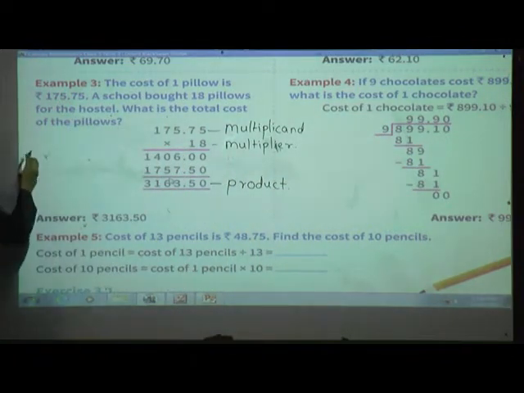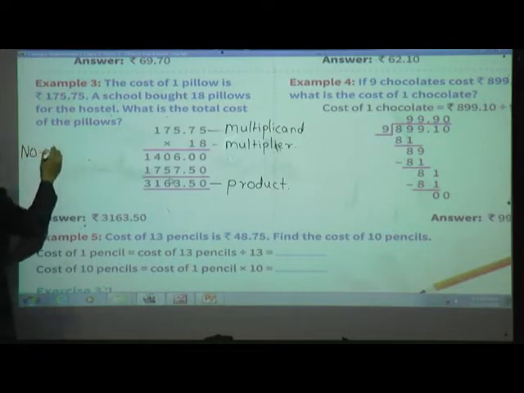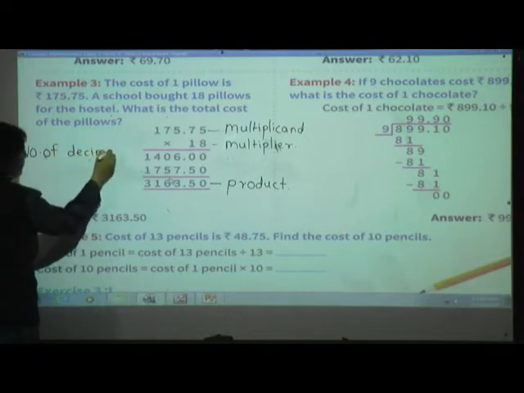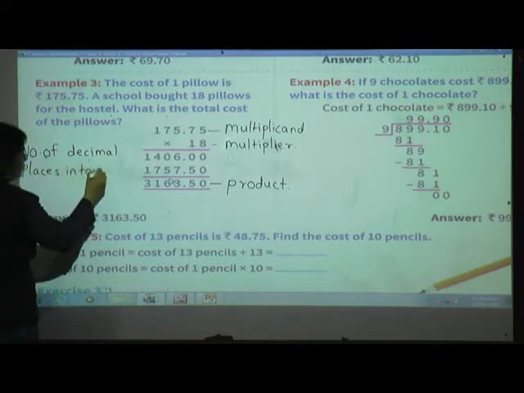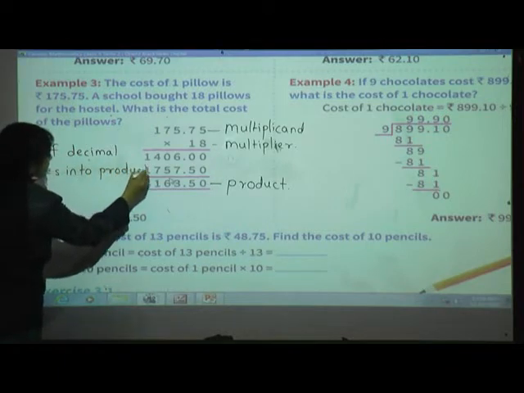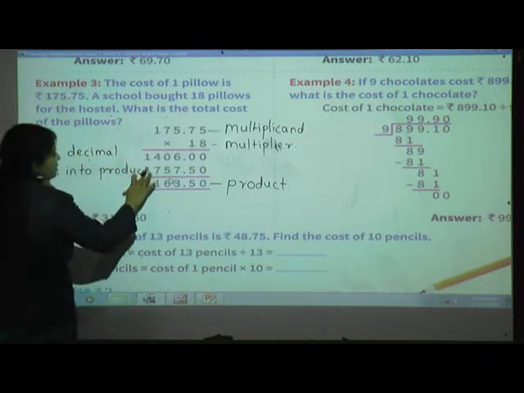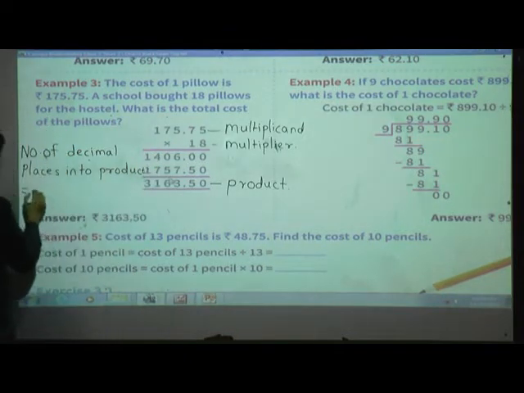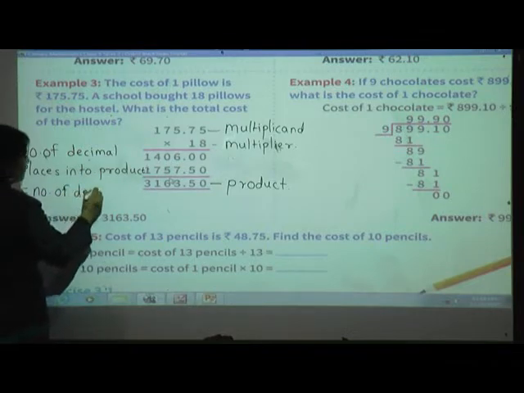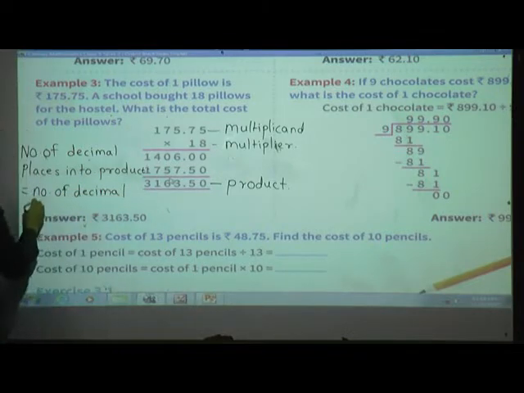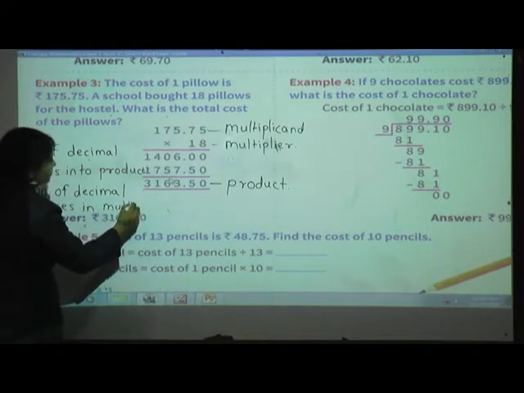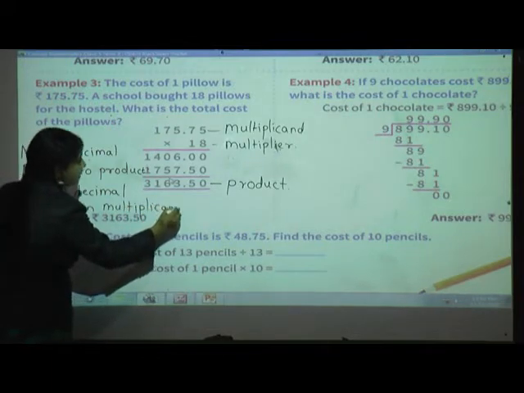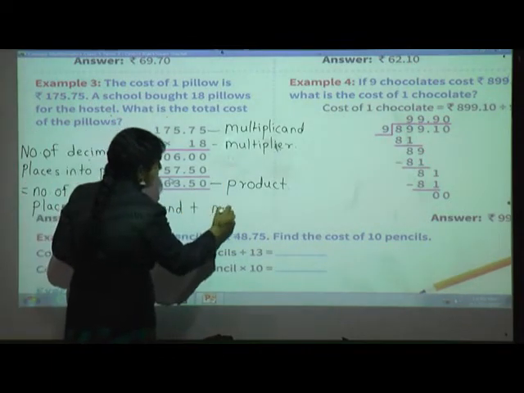The number of decimal places in the product is equal to the number of decimal places in the multiplicand plus in the multiplier also.